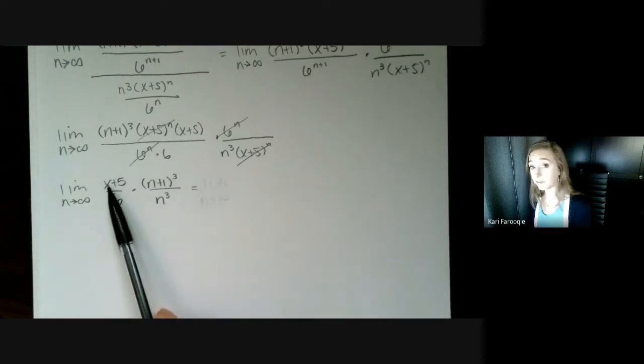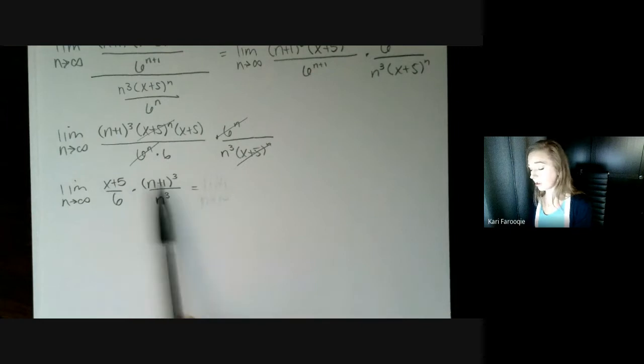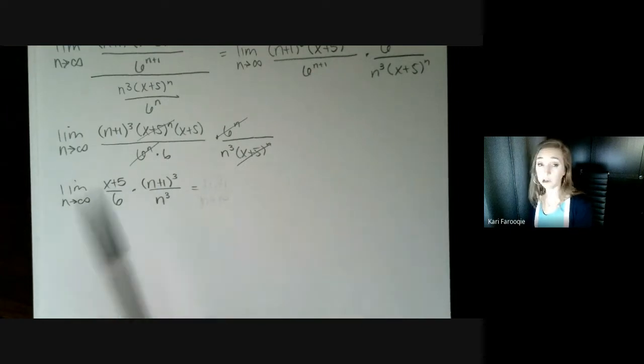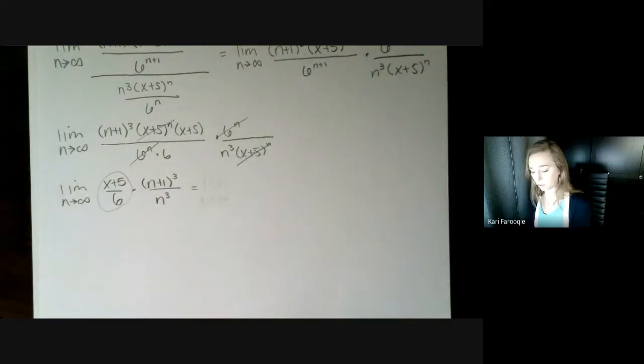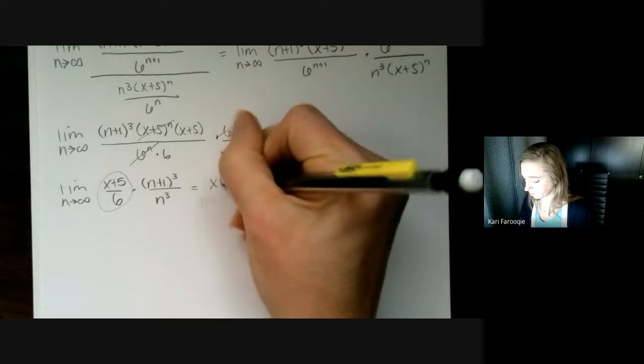But remember, x is going to take on some numerical value. We're not sure what it is yet. We're not taking the limit as x approaches infinity. We're taking the limit as n approaches infinity. In your mind right now, x is a constant. Take this entire expression outside of the limit.